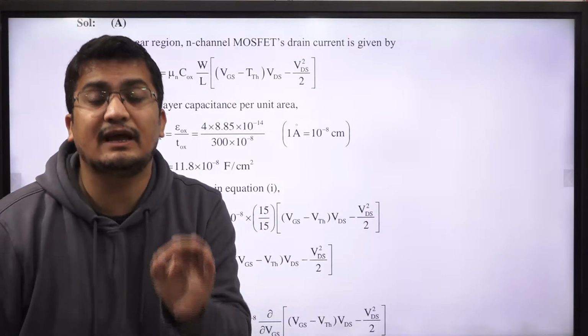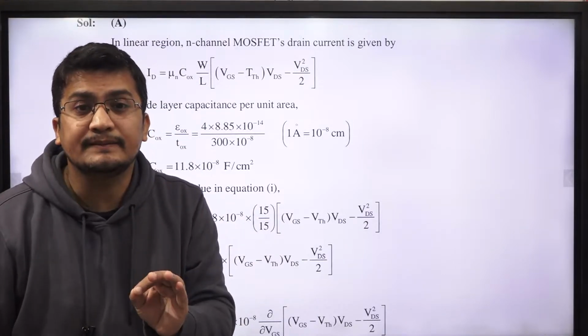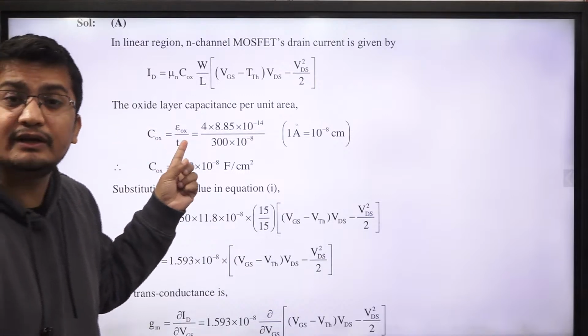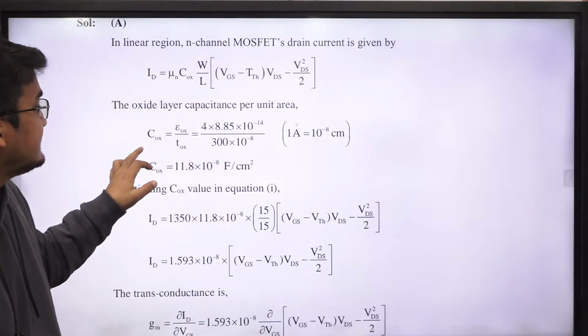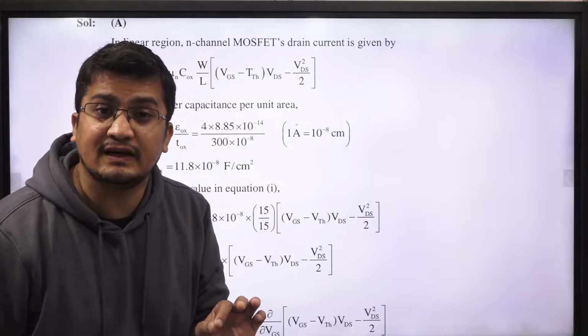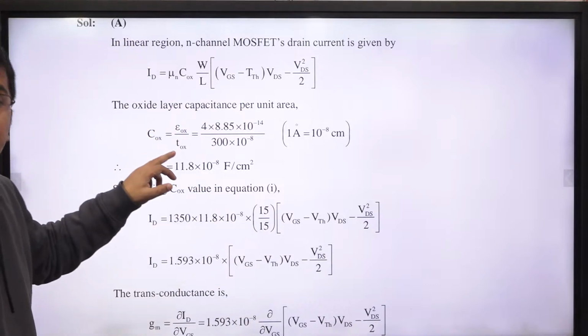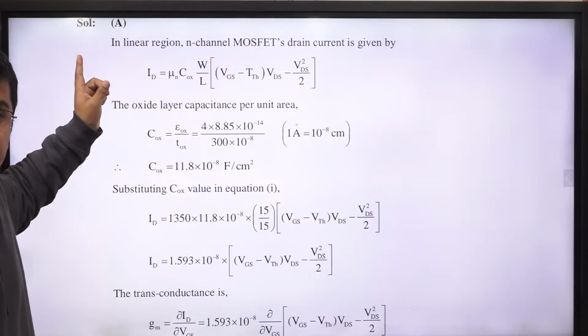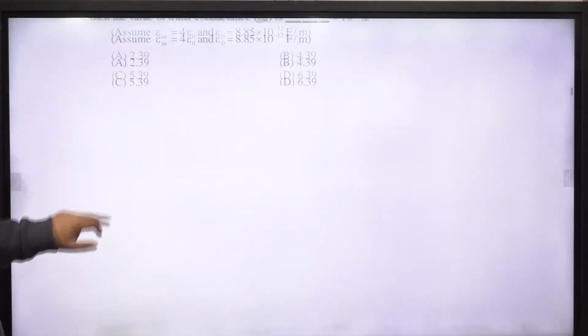What is capacitance? Epsilon A upon d. But we are calculating capacitance per unit area; you can see the unit is Farad per centimeter square. That's why I'm putting epsilon upon d. D is the thickness. What is the relative permittivity? It's given as 4 in the previous question. You can see the value given is 4.